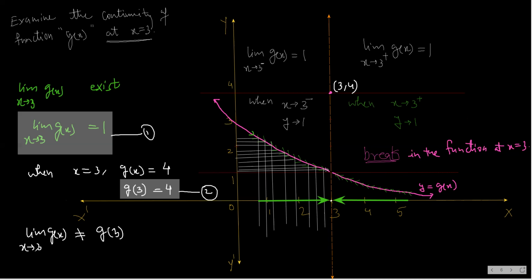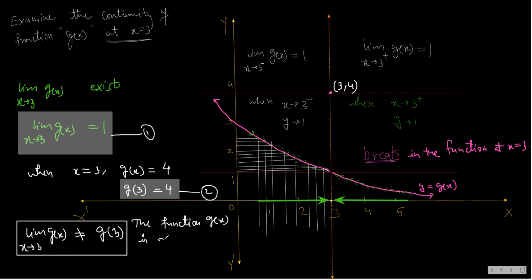You will say the function g of x is discontinuous. It is discontinuous at x equals to 3.